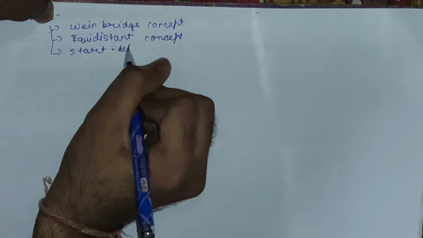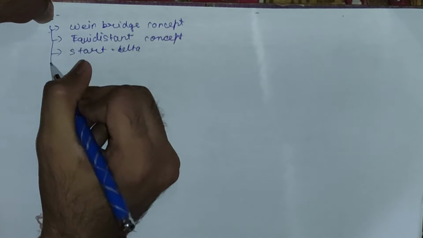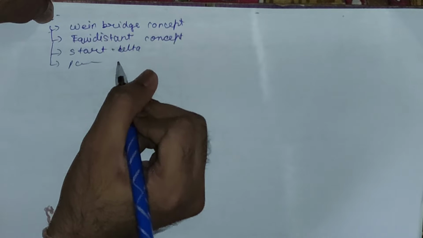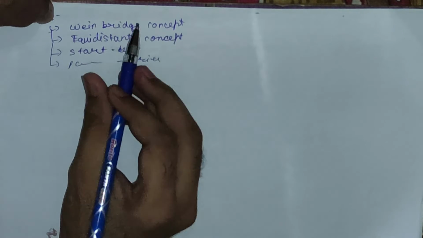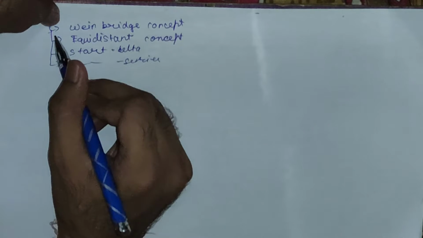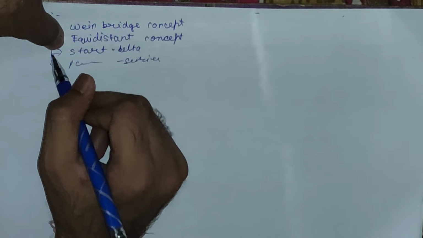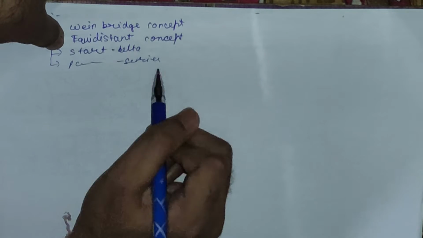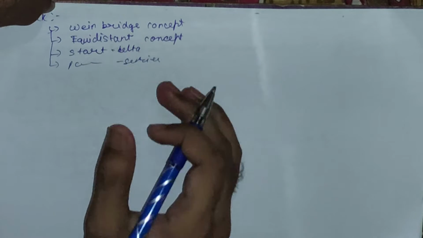And if these three are also not applicable, then only you have to go for parallel series combination. So the trick says you have to check one by one. First check for Wien-Bridge, then equidistant, then star delta, and at the end go the traditional way, that is parallel and series. So let's see these three concepts one by one quickly.